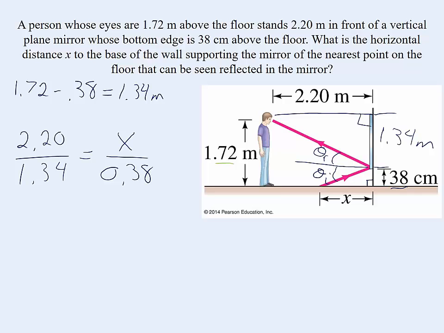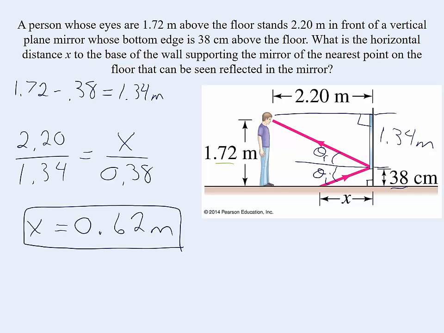Cross multiply and solve for x, and we find out that this person can see up to 0.62 meters away from the wall just by looking in the mirror. If you can keep the law of reflection in mind, along with remembering your geometry of similar triangles, a lot of the problems that we're going to do are going to be quite simple for you.